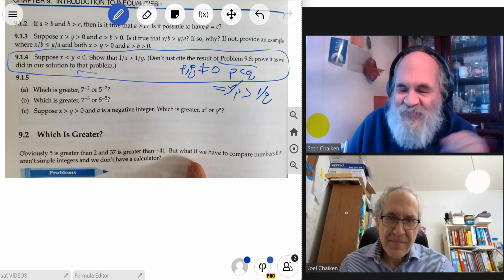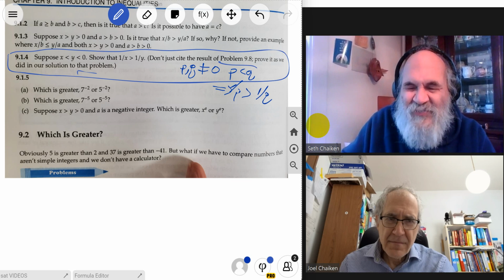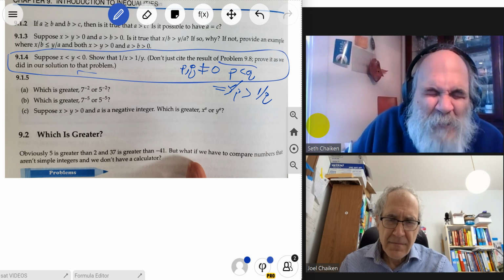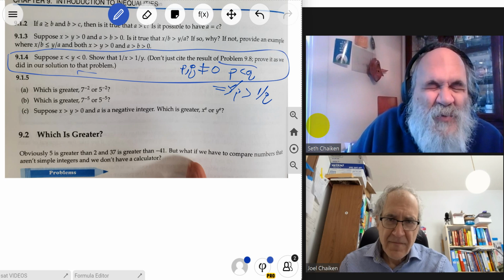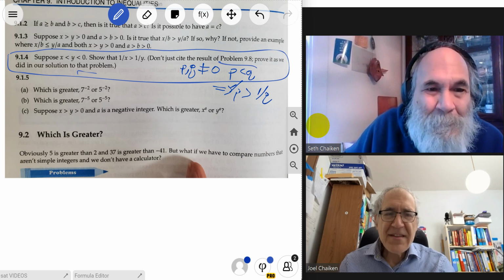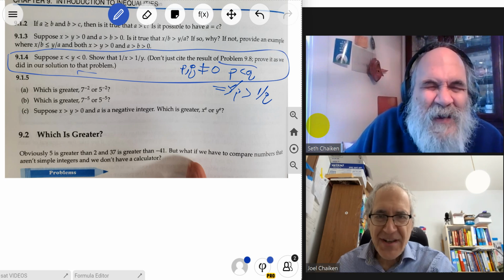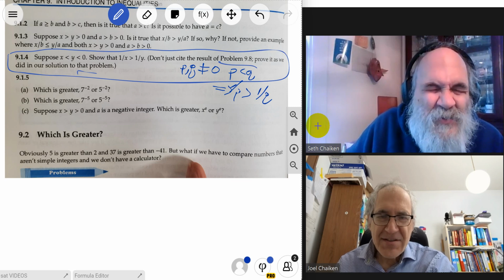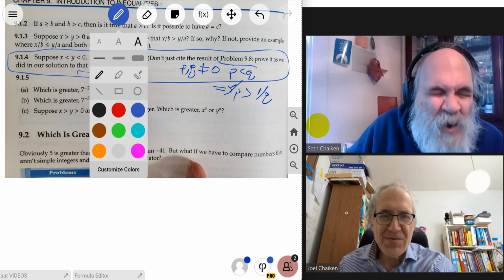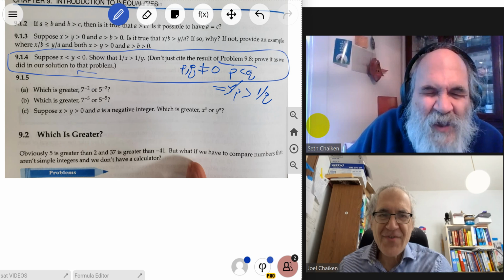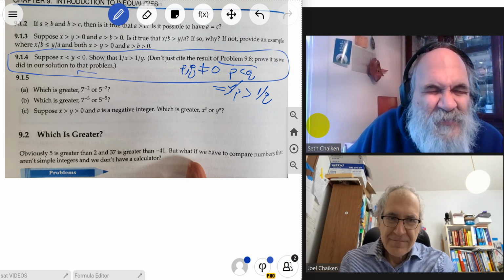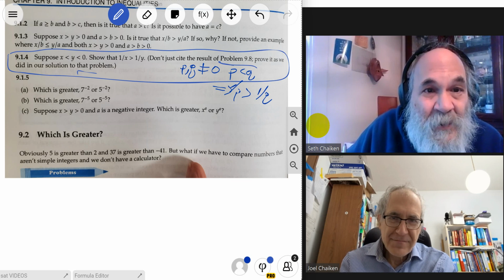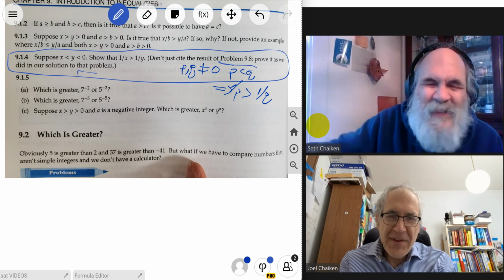Gosh, what if we have 1 and minus 1? Seth, that actually is the result of 9.8. That is the result of 9.8. So the question is, I can't begin to prove this until I know what I can use. Well, you can't use this.